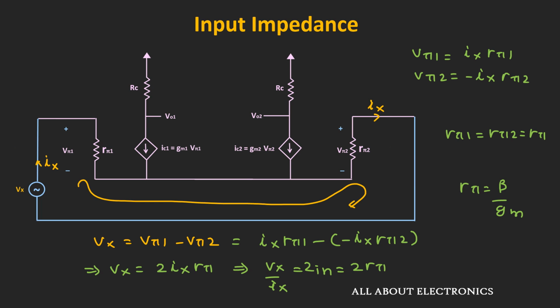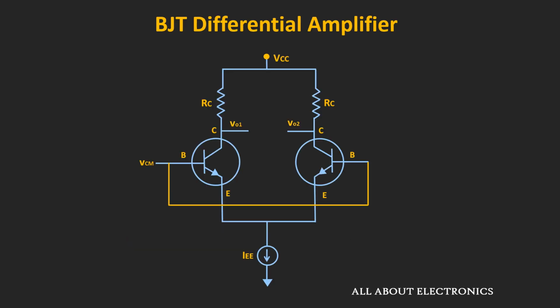Alright, so far we have found the input impedance and the differential gain of the amplifier in the different configurations. And during our discussion, we have assumed that the amplifier completely rejects the common mode signal. That means the output due to the signal which is common to both inputs is equal to 0.